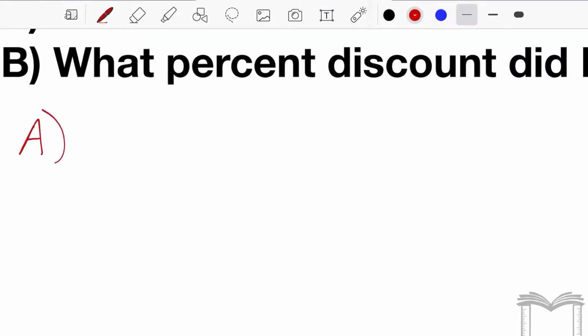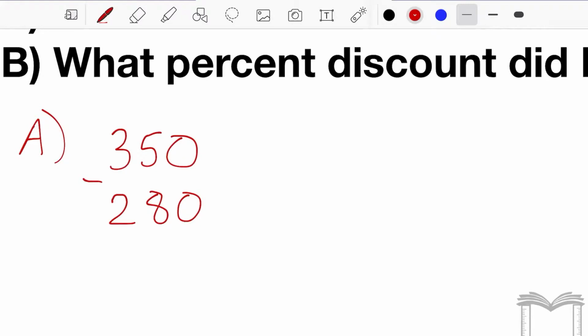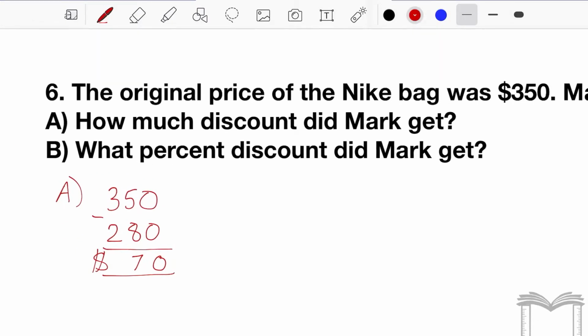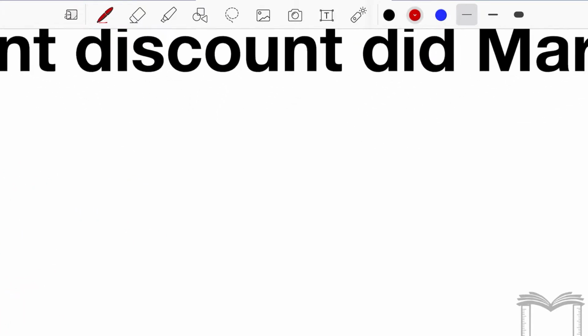The original price was $350 and the discounted price was $280. So if we subtract the discounted price from the original price, we will get a discount. The discount is $70. What percent discount did Mark get?